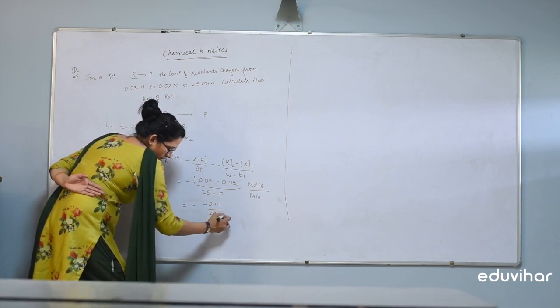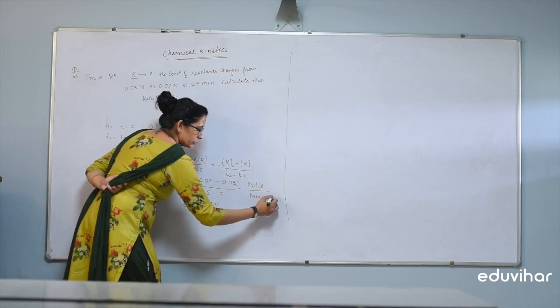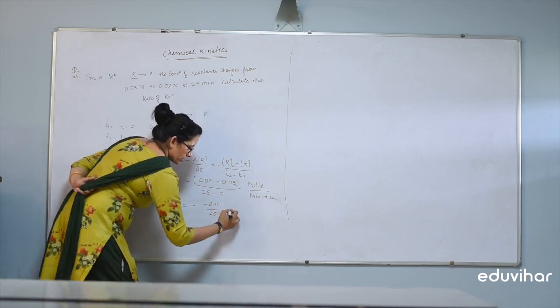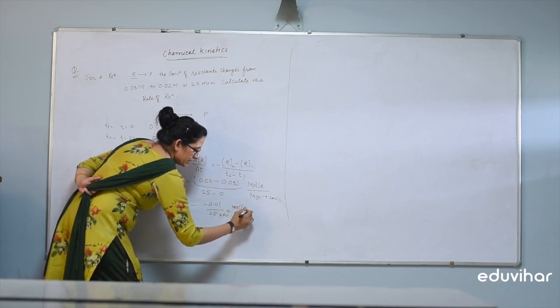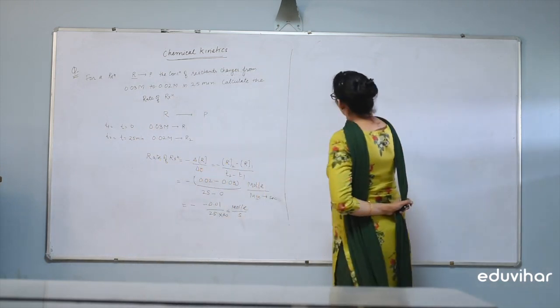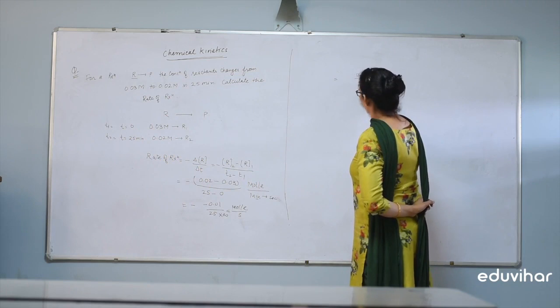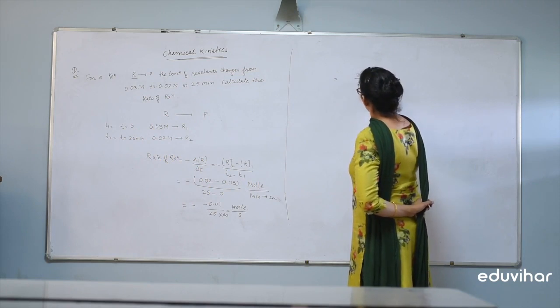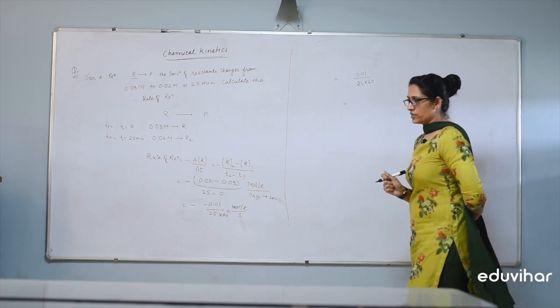This is multiplied by 60 because we are converting the minutes into seconds. So the unit becomes mole per liter per second. So it becomes minus minus, that is plus, 0.01 divided by 25 multiplied by 60. Can you calculate this? Try to calculate.